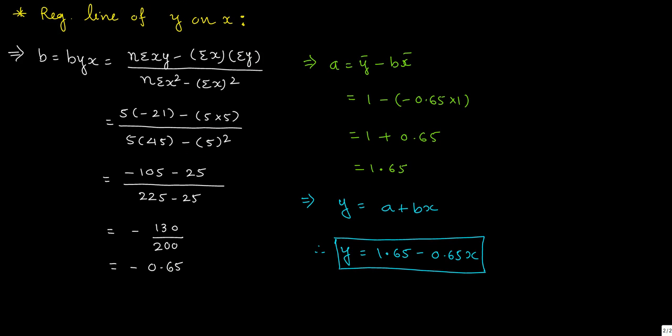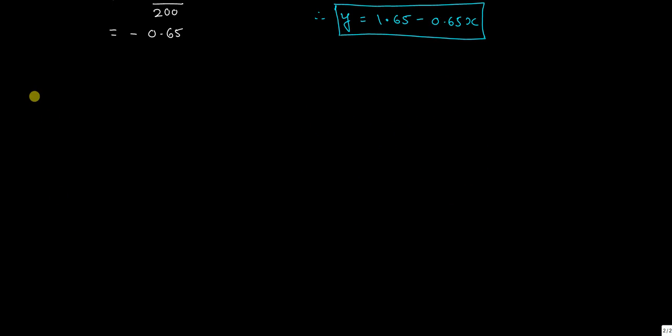Now similarly find out the regression line of x on y. Regression line of x on y. Okay, now for the regression line of x on y, first we need b. B is equal to bxy here.